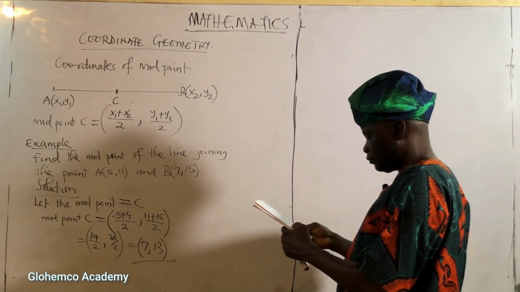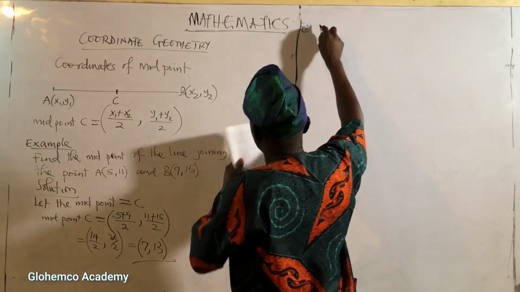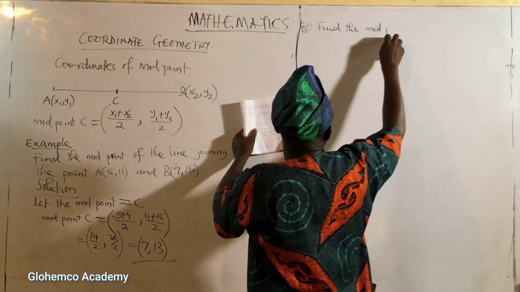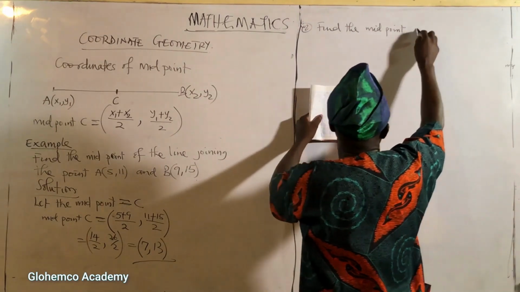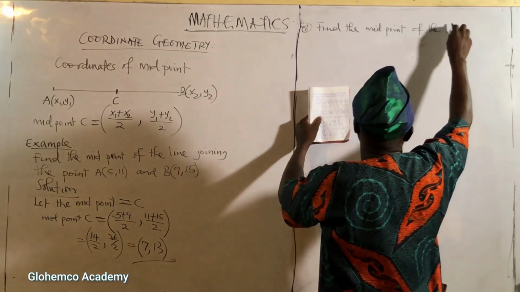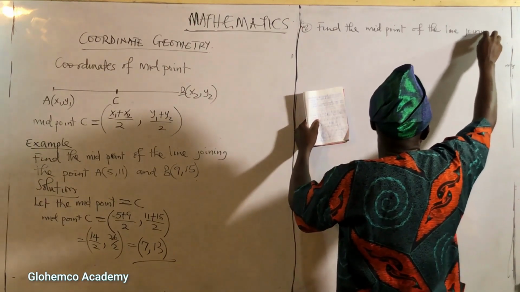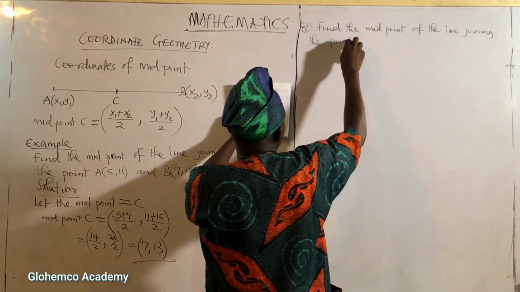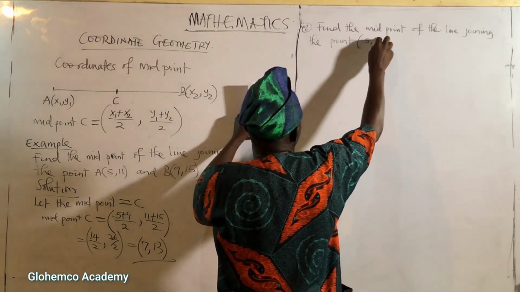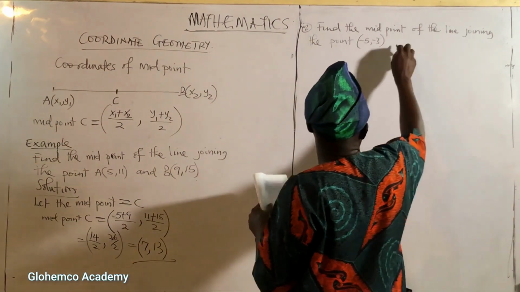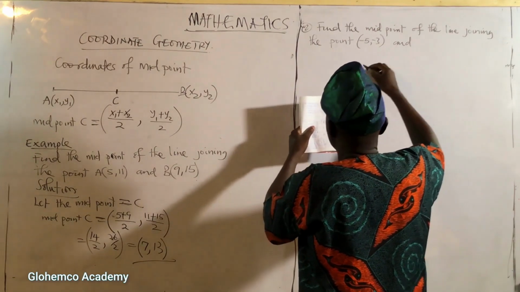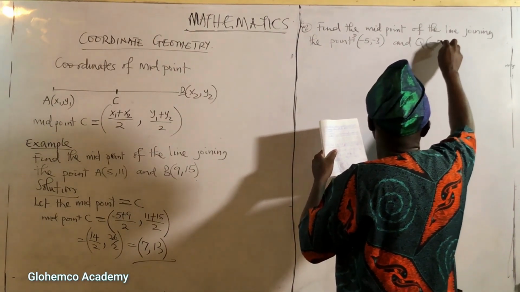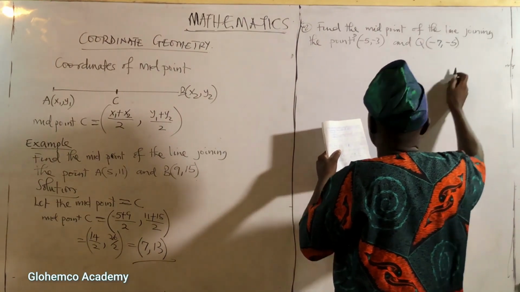Example 2. If you are given a question like this: find the midpoint of the line joining the points P (-5, -3) and Q (-7, -5).